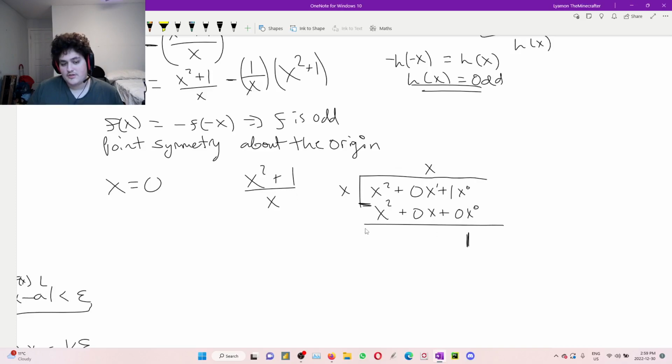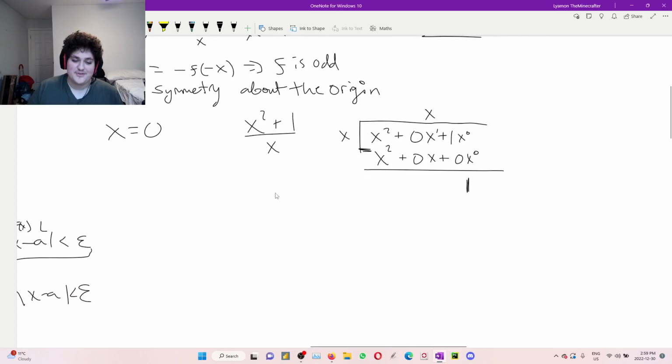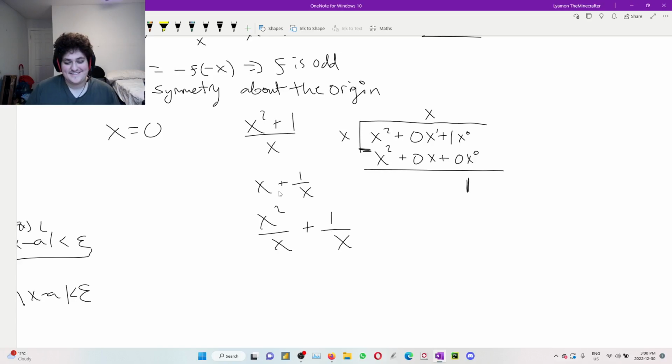So therefore, we didn't have to go through this trouble. I just realized now we could have just written this as x plus 1 over x to start with, by splitting this up into x squared over x plus 1 over x. But whatever. It's pretty clear that when x approaches infinity, 1 over x will approach 0, so really this is the only thing that matters.